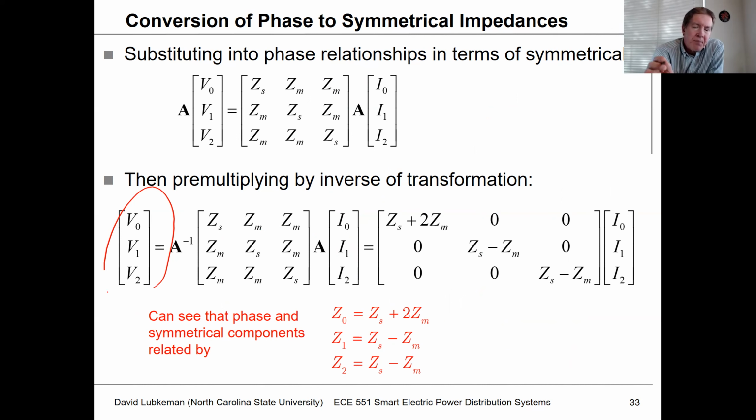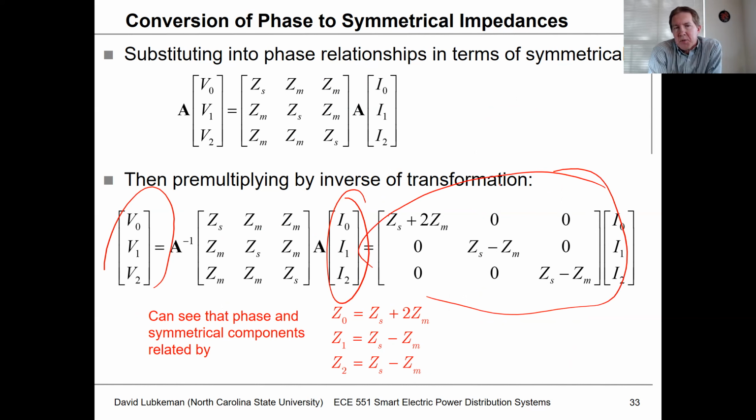And it turns out that if I apply this symmetrical component transformation, the relationship between sequence voltages and sequence currents is given by this 3-by-3 matrix, where now I've got just diagonal terms. The relationship between I naught and V naught is given by ZS plus 2ZM.